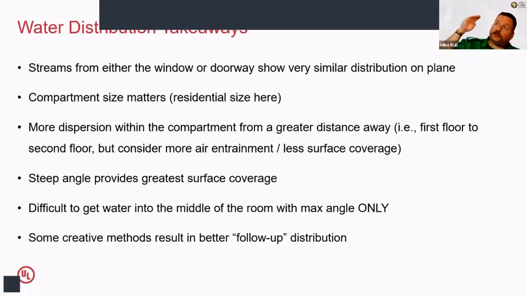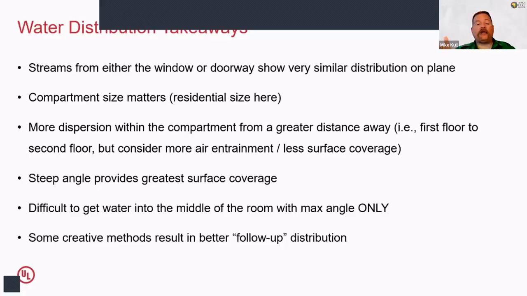So if we're shooting water into the second, third floors, you're going to lose some of that momentum, which means that you're going to get less surface coverage with that technique, but you're going to get more dispersion. It's going to spread out more. It's going to rain down more. That's not telling you don't use that technique, but just to think about it, the higher up you go, the less effective it will be.